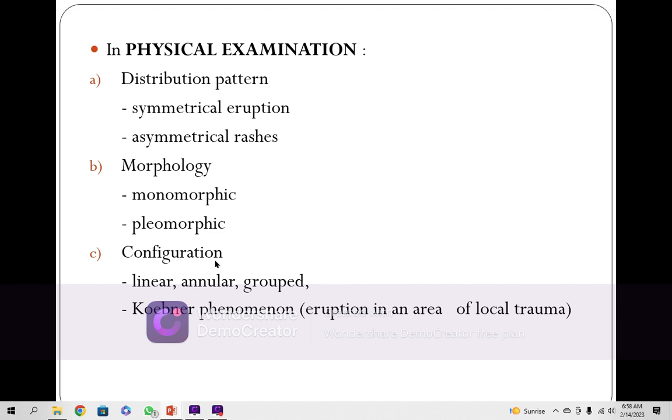Now configuration: is it a linear rash or annular rash, or a plaque type, or grouped together in one part of the body, for example around the knee. The Koebner phenomenon is a reactive phenomenon, and that is the eruption in the area of local trauma. You see it in cases of psoriasis, for example, but you will also observe this phenomenon in other rashes associated with autoimmune diseases. So the Koebner phenomenon can be demonstrated.